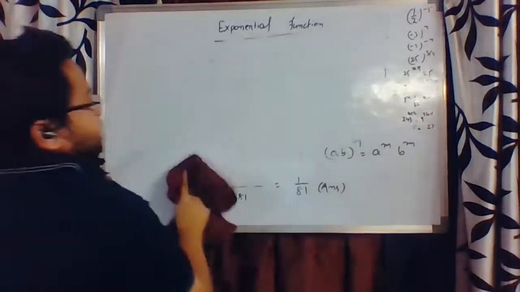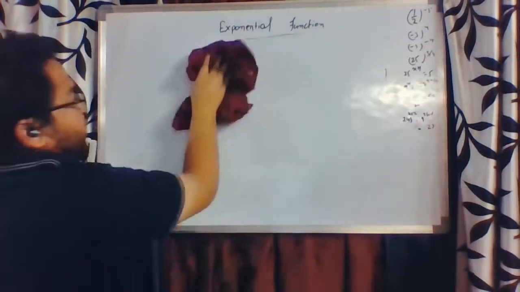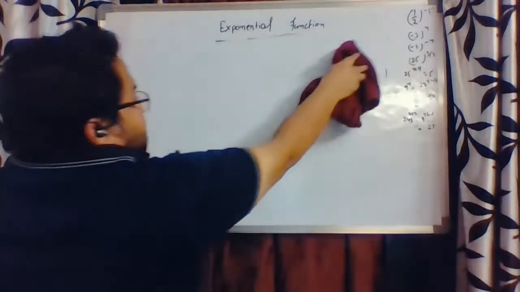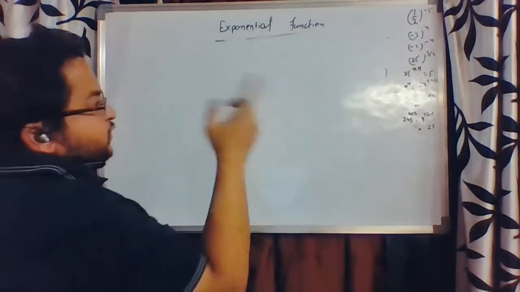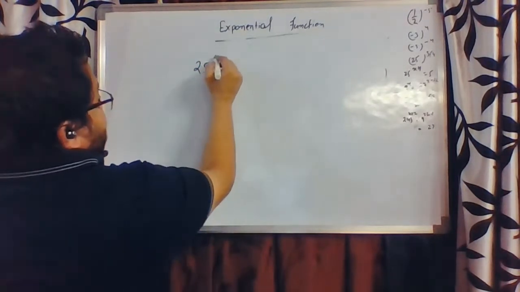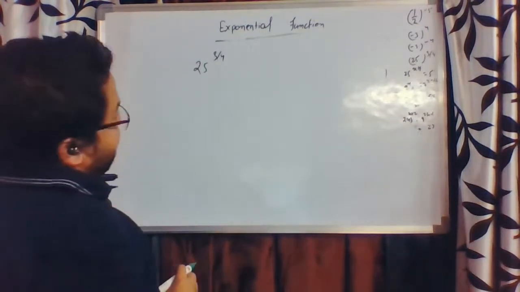So in the next practice problem, we would understand one more property of indices. Yes, we have already studied it in the laws that we have studied so far, but we will see the use of it here. So say 25 to the power 3 by 4. What does it mean? Right?